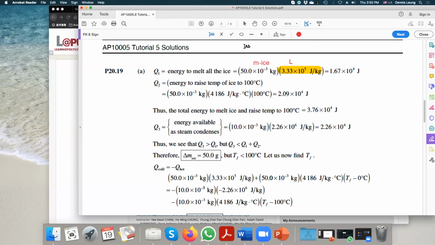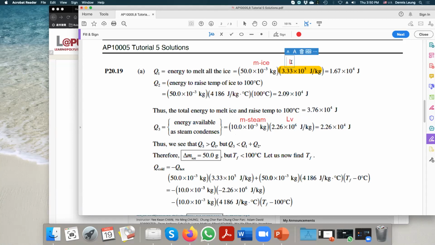The steam is initially 100 degrees Celsius, and you try to condense it into water at 100 degrees Celsius. Here, this is the mass of the steam, and the latter part is the latent heat of vaporization.